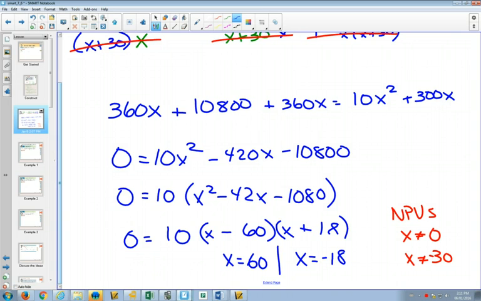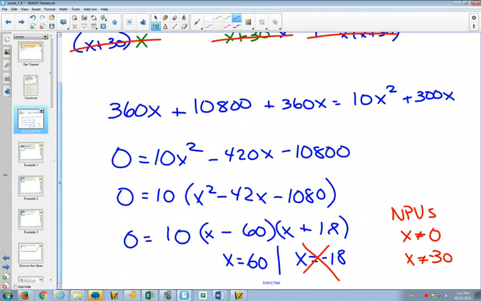What was x standing for? x was standing for the speed on the way there. So can you see that negative 18 doesn't really work? Because you'd be driving backwards. So the only answer that makes sense is 60.